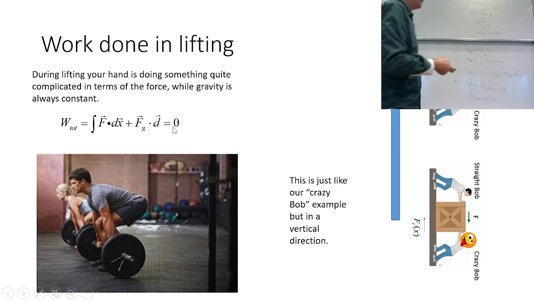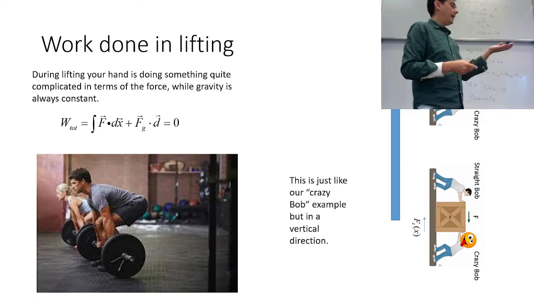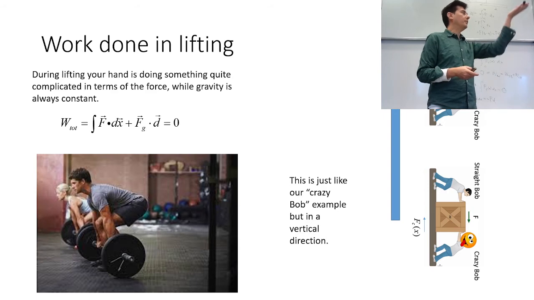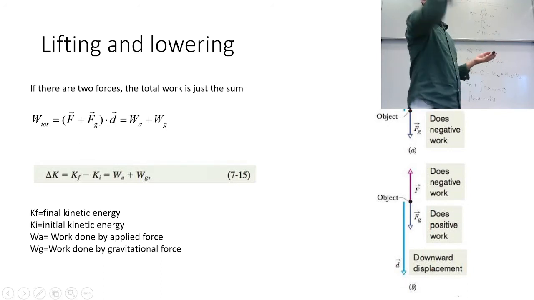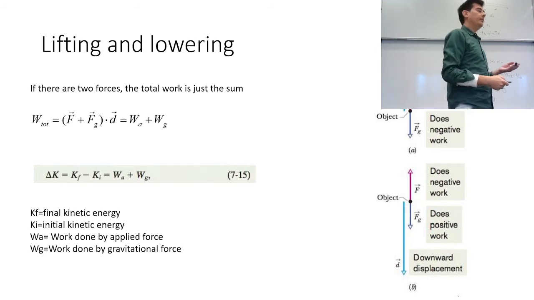Now, if you think about how the forces are when I'm pushing on this thing, we've said that there's two forces on the object. There's the gravity that's pulling down, and there's my hand that's pushing upwards, yeah?